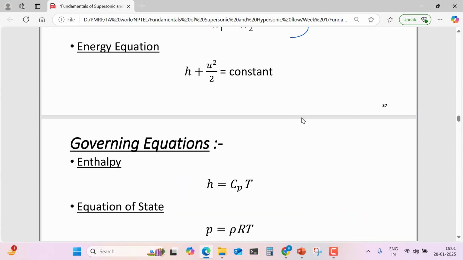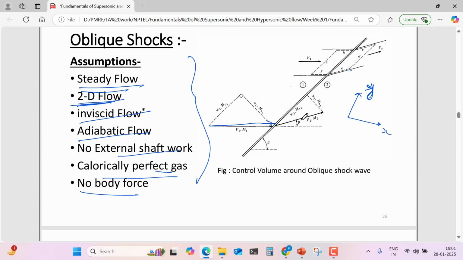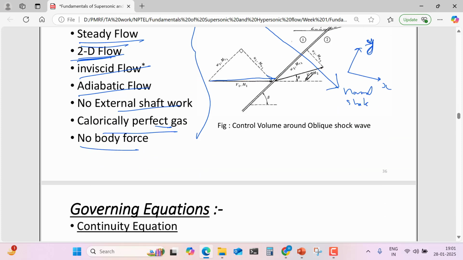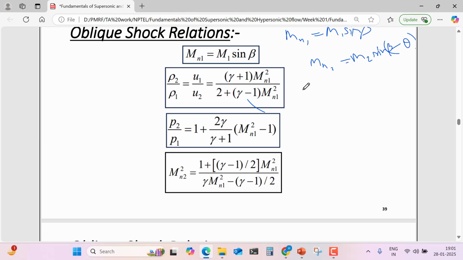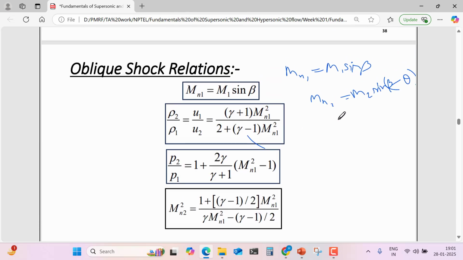If you see this oblique shock, along the perpendicular direction to the shock, it behaves same as a normal shock. And in the tangential direction, there is no change in the flow. So Mn1 is generally greater than 1 and Mn2 is less than 1, same as the normal shock.